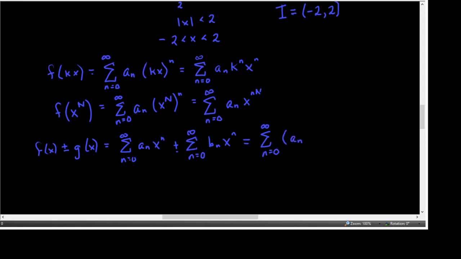That'll be a sub n x to the nth plus or minus b sub n x to the nth. And for those two terms, there's a common factor of x to the nth, which we can take out by factoring, kind of the reverse of distribution, and get that answer.